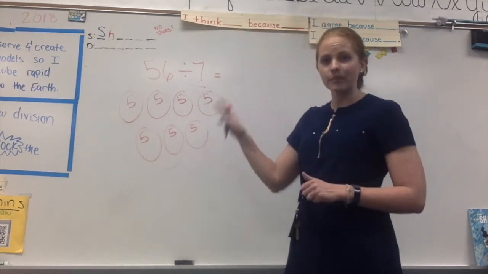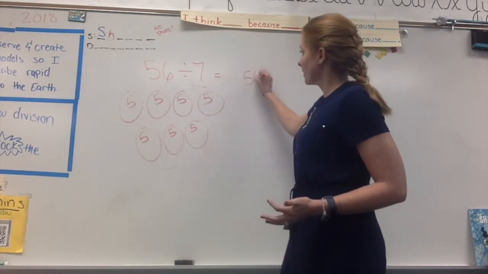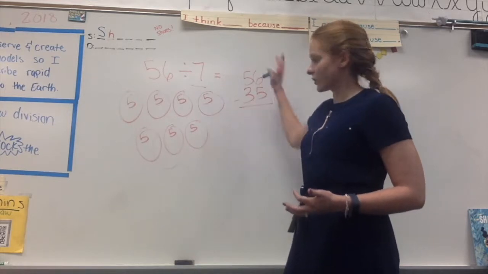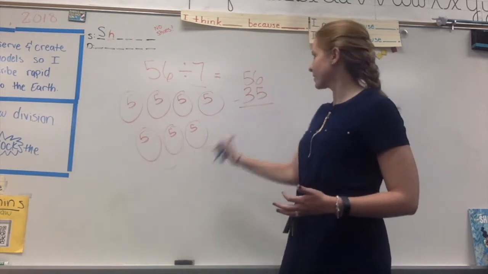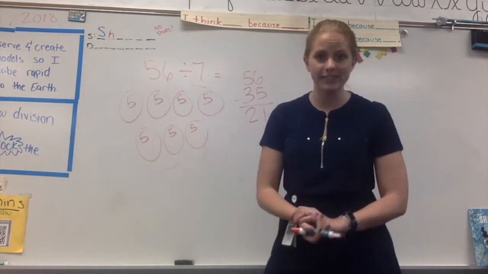All right, so I put 5 in each of my groups, so I don't have 56 anymore. So I use 35 when I put them in each group. So I have 21 left.